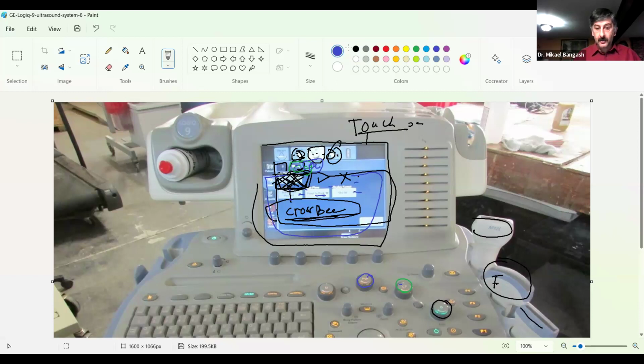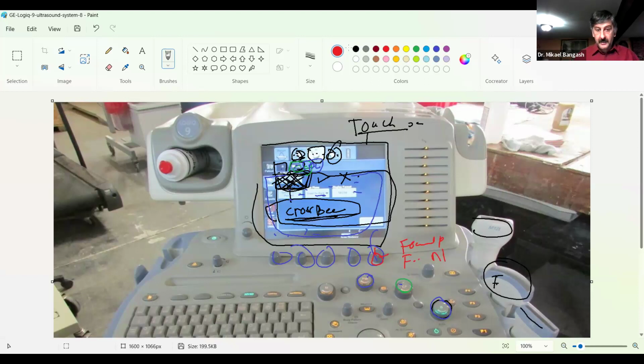Likewise, when you turn on different modes, like your color flow, for instance, and your pulse wave flow, you will even see that the functions for some of these knobs here are going to change. Clear? So in B mode, we said this first knob here is your focal points and focal numbers, a number of focal points.